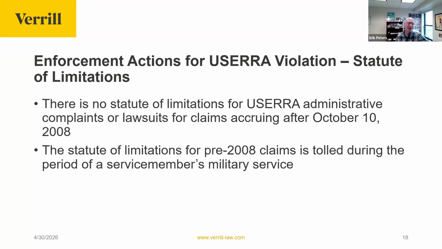You don't have to worry about blowing the deadline. I don't know if there are that many pre-2008 claims left, but to the extent there are any, the statute of limitations for them is tolled while a service member is doing their actual military service.